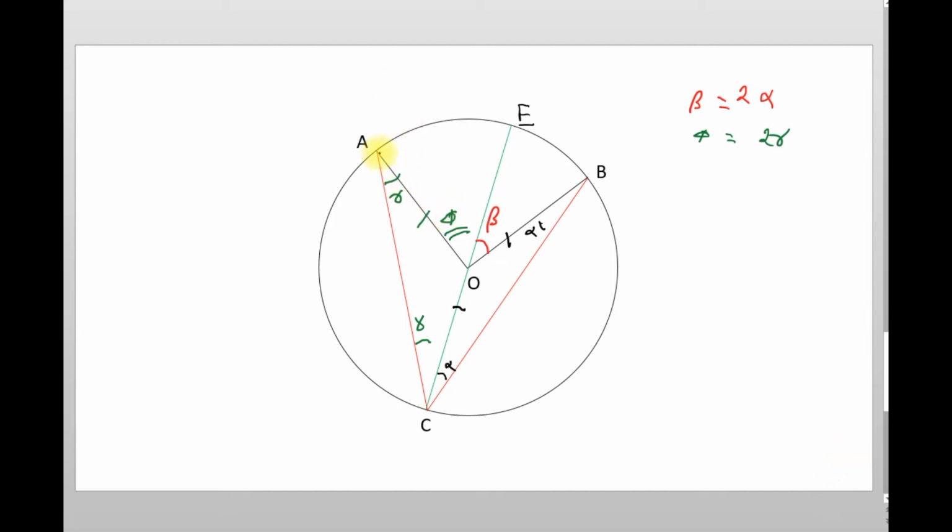Okay, now if we look at the angle AOB, we can see that it is equal to phi plus beta. Now if I look at the angle ACB, this is equal to gamma plus alpha.